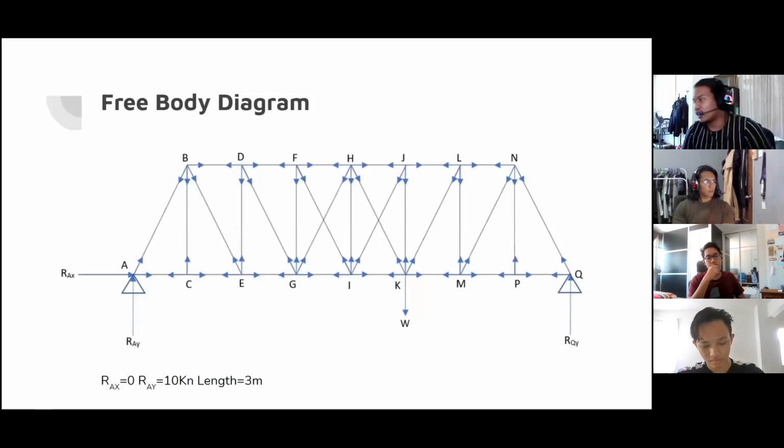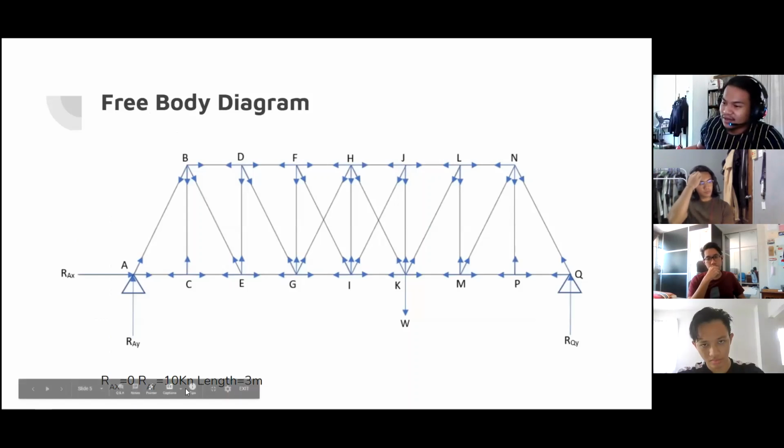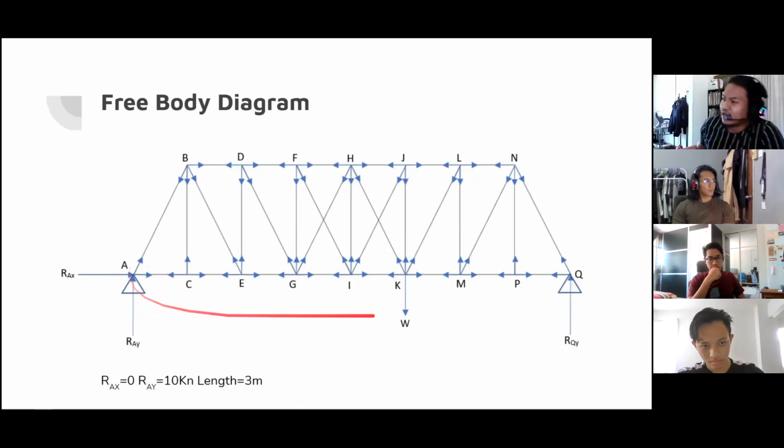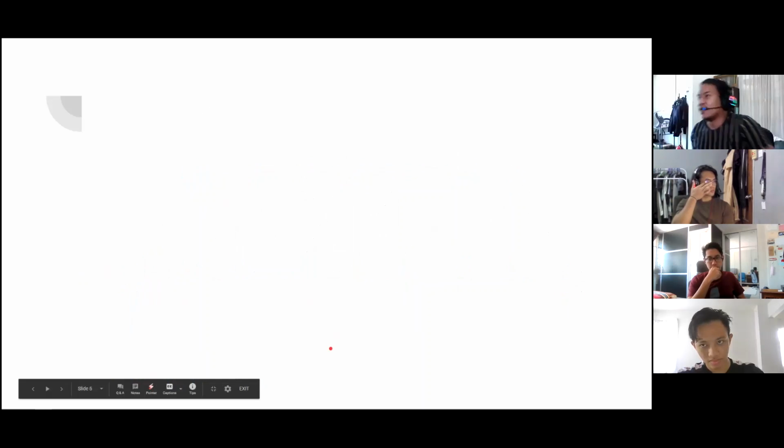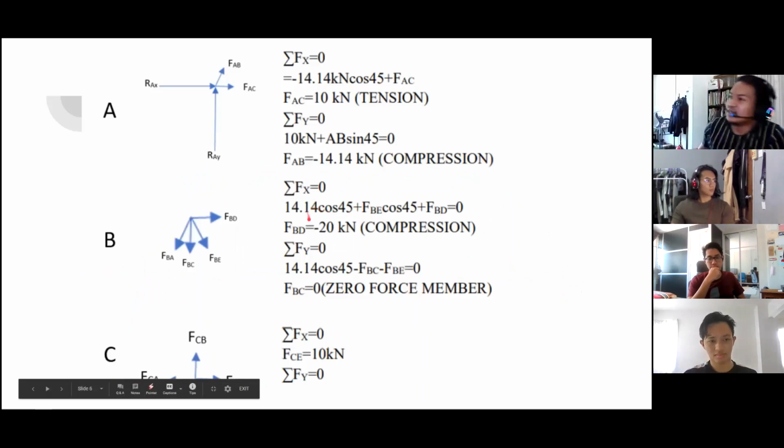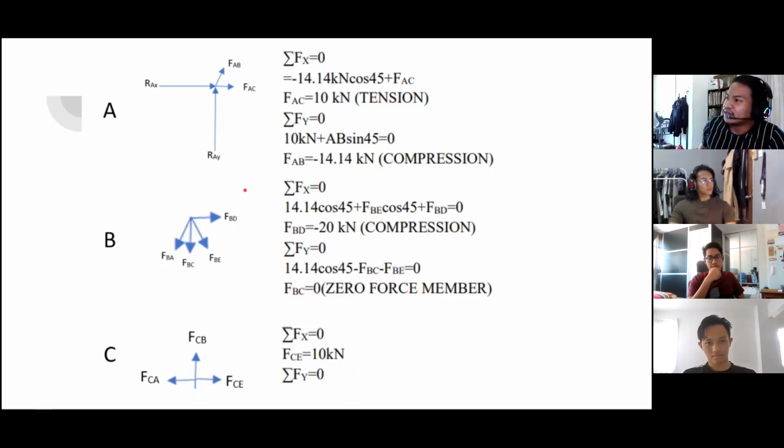As we see, there is no roller here, but there is a roller here. So we draw our free body diagram, and we calculate the force of each member and the reaction of each support.